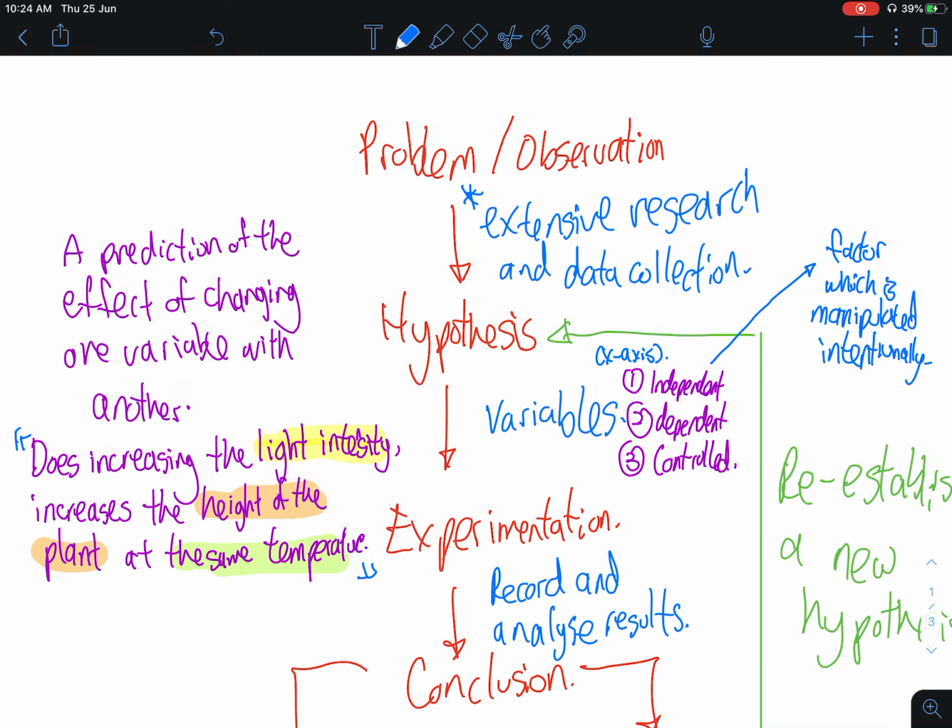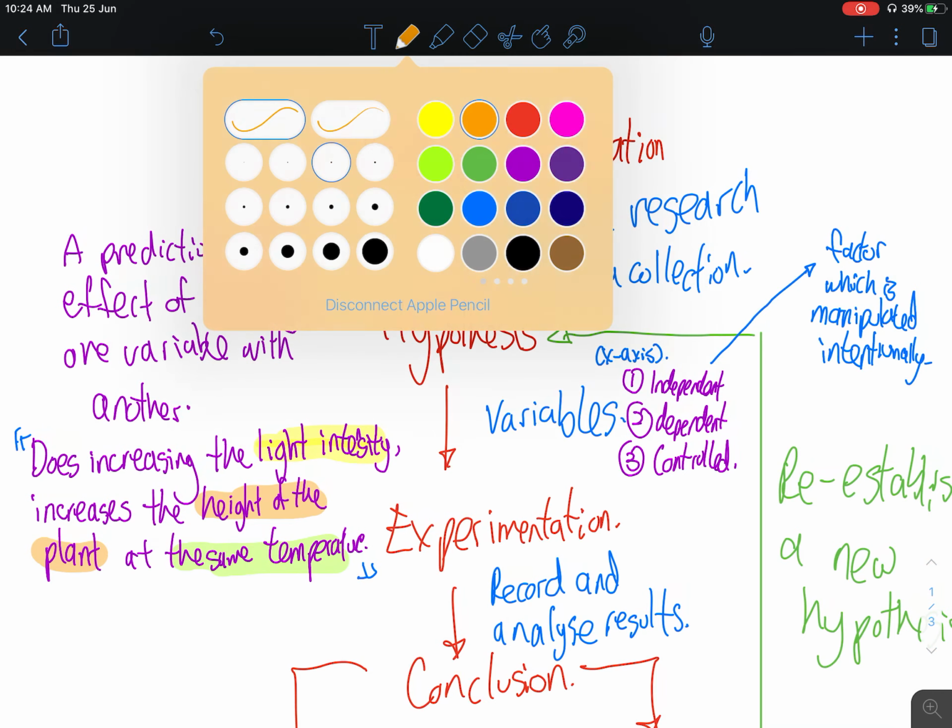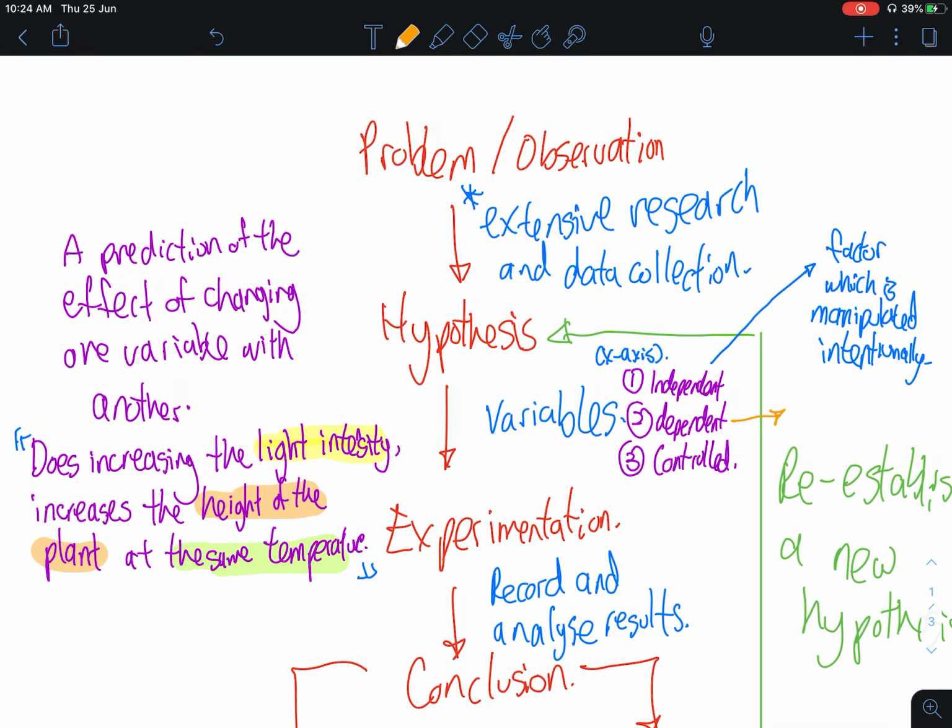Next, we look at the dependent variable. So for the dependent variable, it's basically the factor that changes with respect to, WRT is with respect to, the independent variable, which is number 1. Okay.